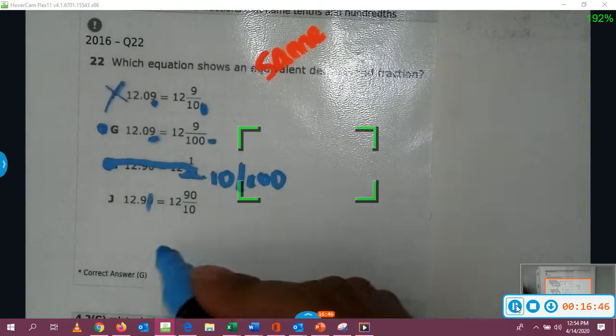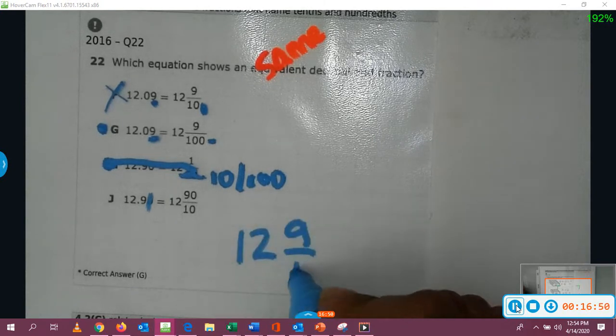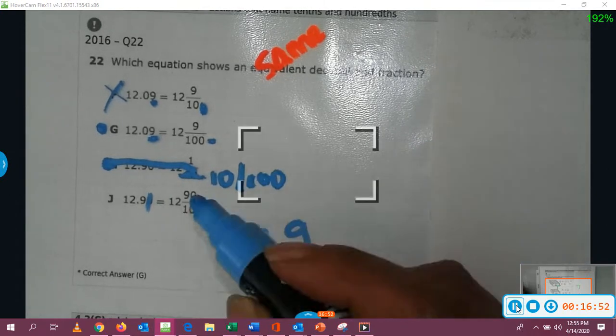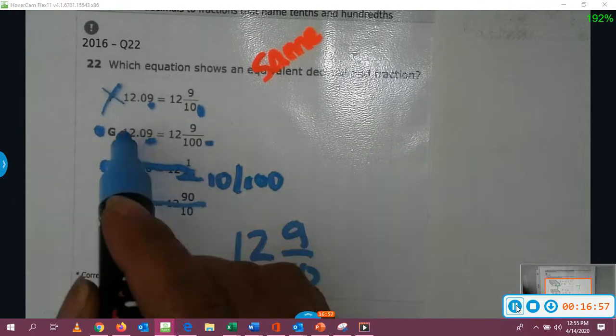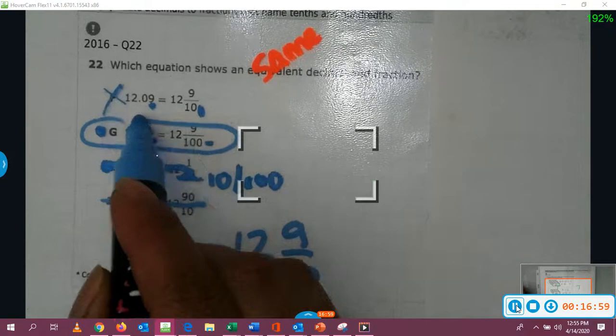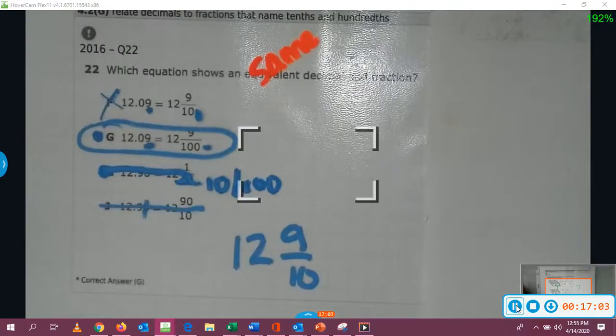Even if the 0 is there, but mark the 0 out, it would still be 12.9 tenths, not 90 tenths. So that's out of here as well. The only answer that makes sense is G. Okay, let's move on.